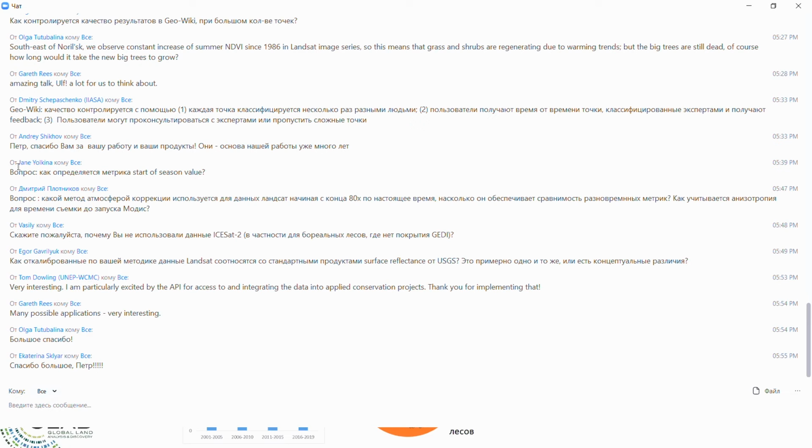The start of the season value, how do you define this? Or how do you compute this metric? I think I have it in the paper that we published in February this year. If not, then I will include this information on the website. We're using the curve of change.